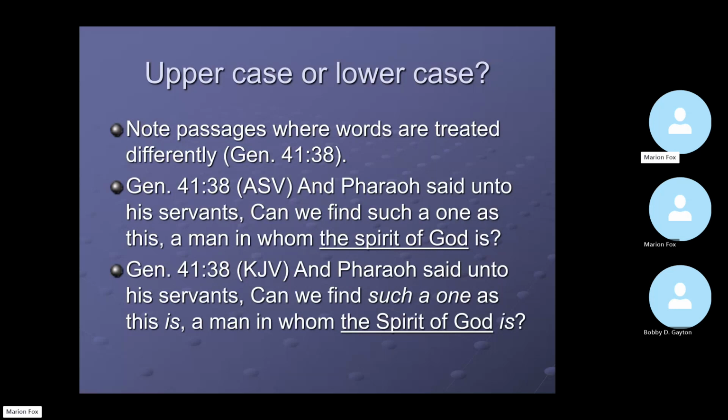And the word Spirit's uppercase. Now, so that shows that it's a matter of interpretation. Is it a disposition of God, or is it the Spirit of God, God's Spirit, or sometimes that's interpreted to mean the Holy Spirit? So again, that's a matter of interpretation here.